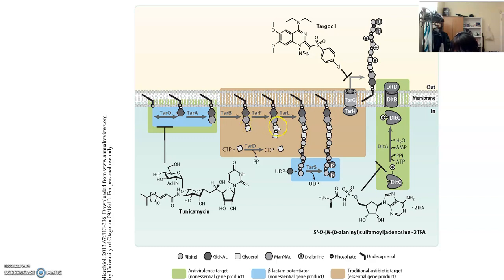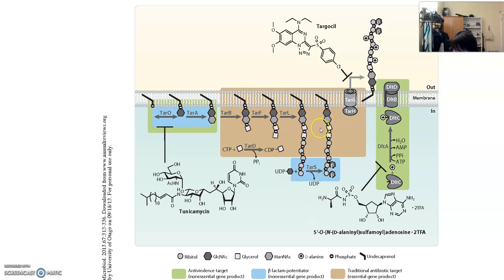But the amount of these glycerol and phosphate linked sequences varies between species. So that's a variable. We can look at that and potentially determine what kind of species it is by looking at the repeat units and how many of these glycerol phosphate groups there are.